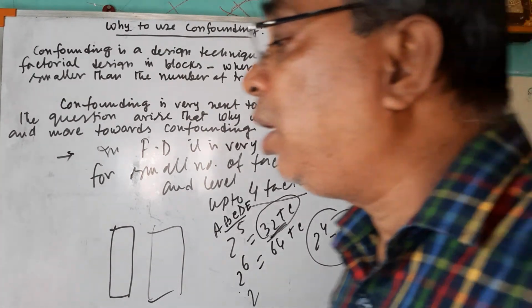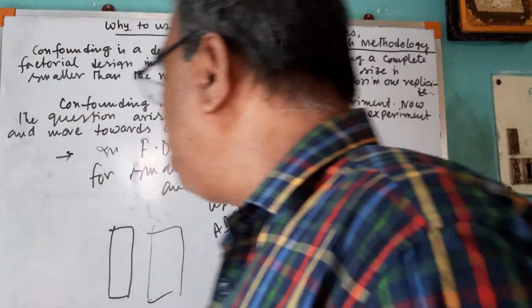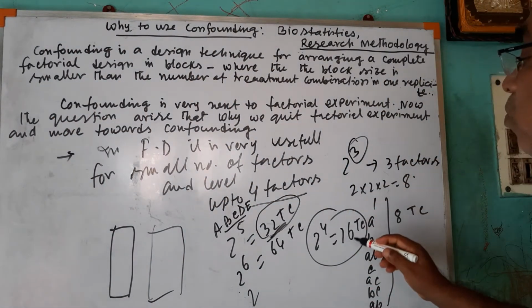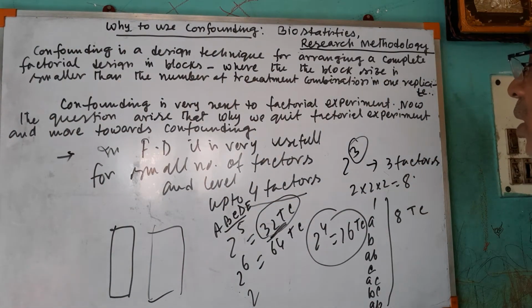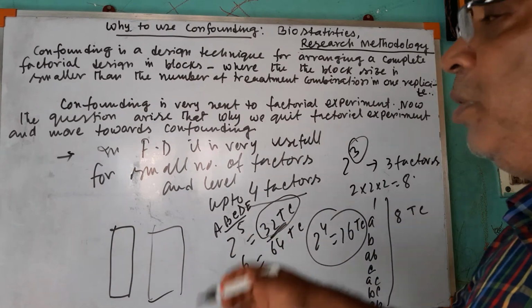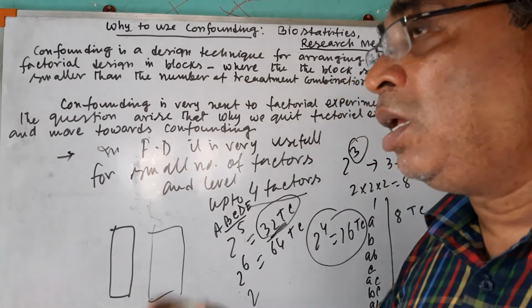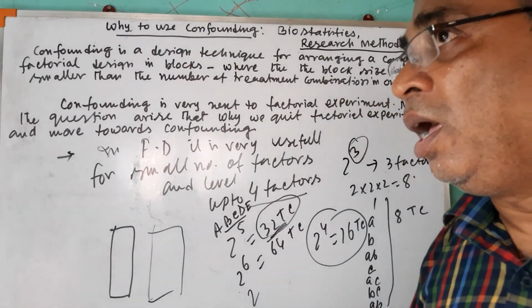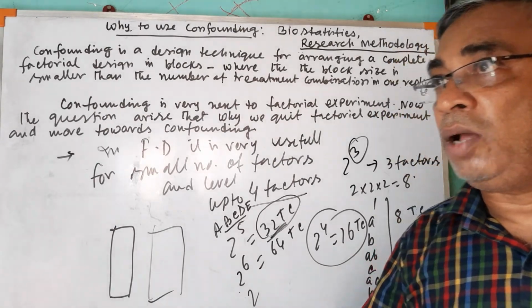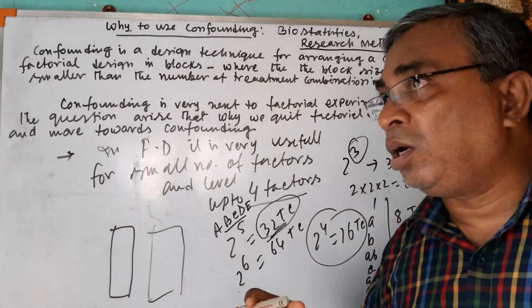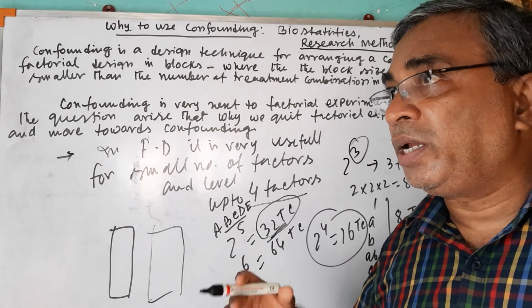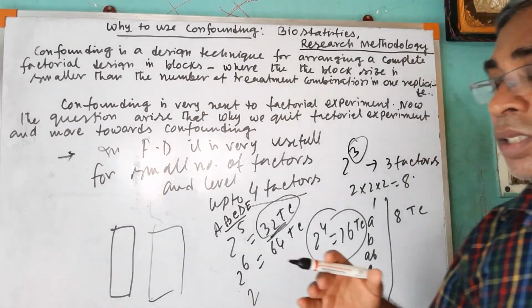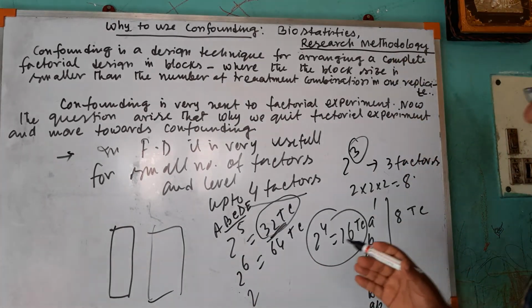So ultimately what you have learned from here: when the factors become more, that is greater than or equal to 4, the treatment combinations gradually increase, and then the experimental cost will increase, and we will not get the homogeneity. So for this we are going for confounding.